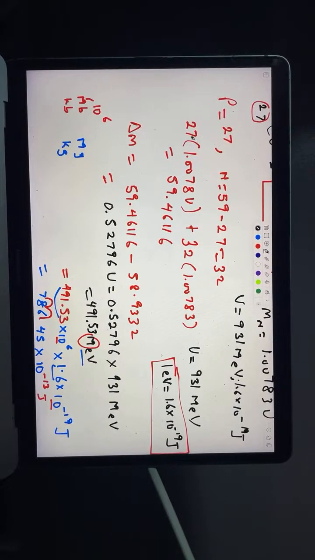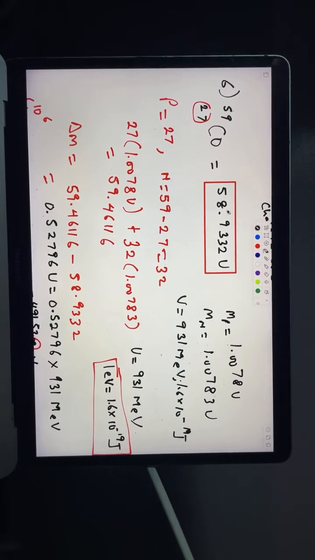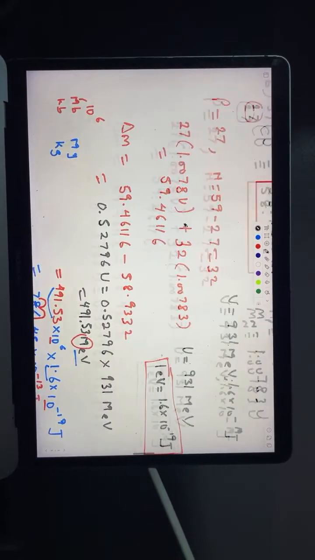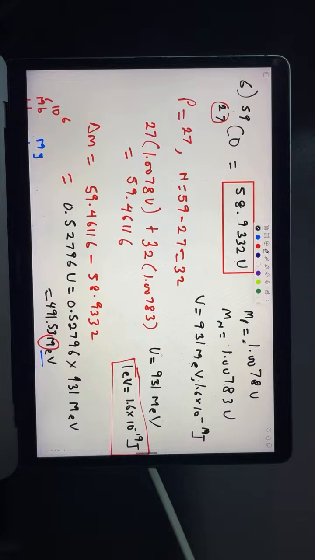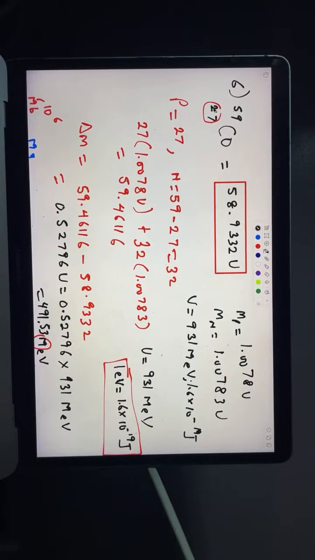You will get the actual atomic mass unit that was given, which is this in the box. You can see that. Then you will use the atomic mass of proton and atomic mass of neutron that has been given, knowing that cobalt has 27 protons and 32 neutrons. Since you have 32 neutrons, you multiply by this atomic mass unit.